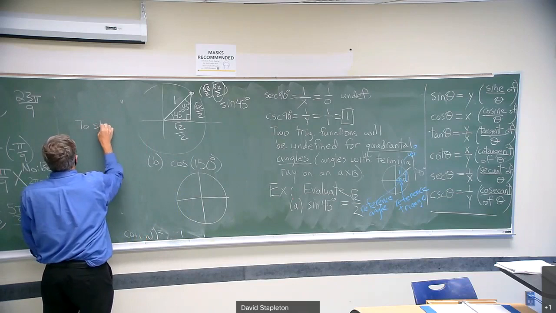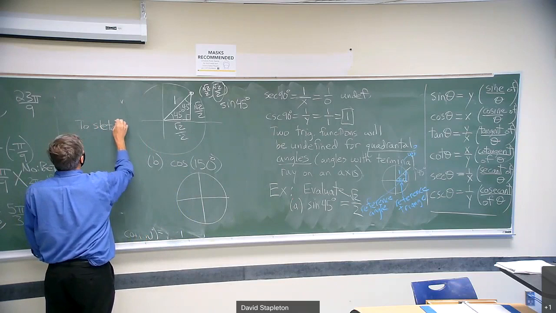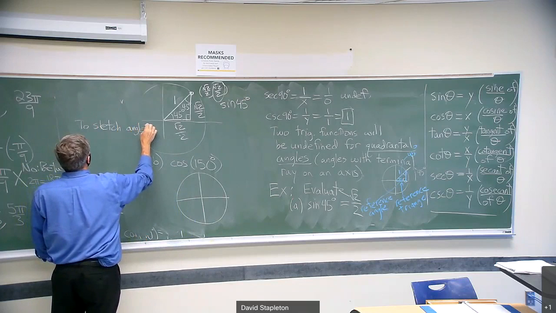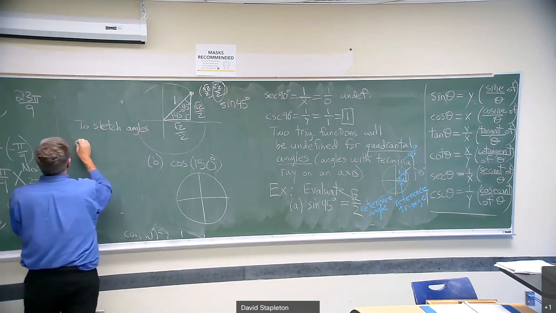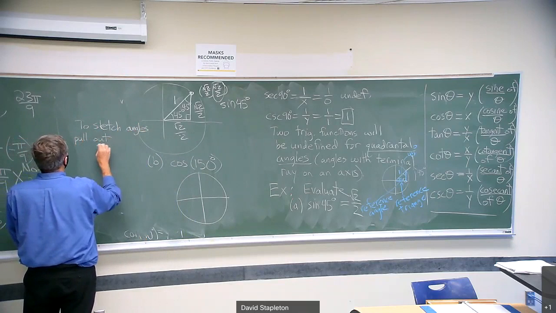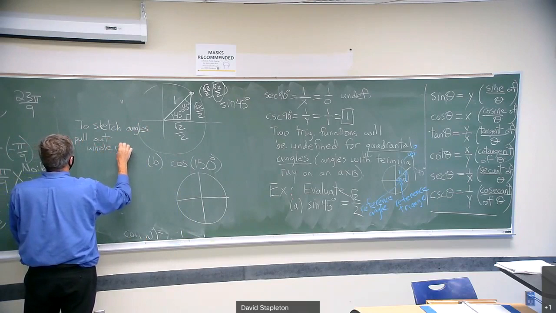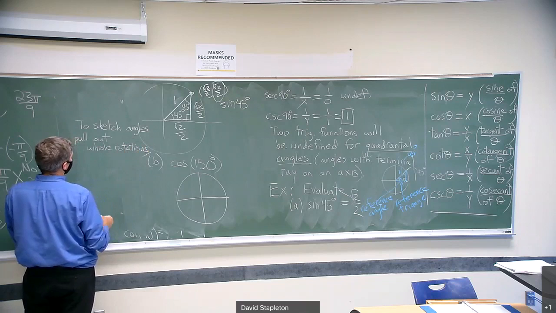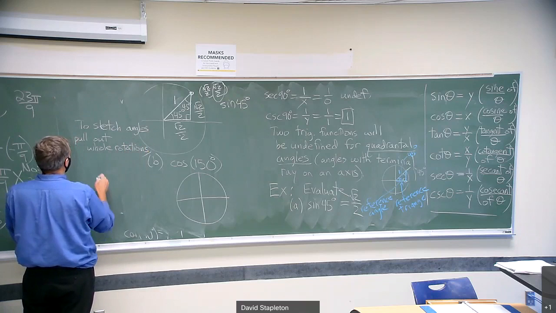To sketch any angle, particularly special angles, do this: first pull out any whole rotations that there are in the angle. And you break it up into the sum of the whole rotations plus what's left.